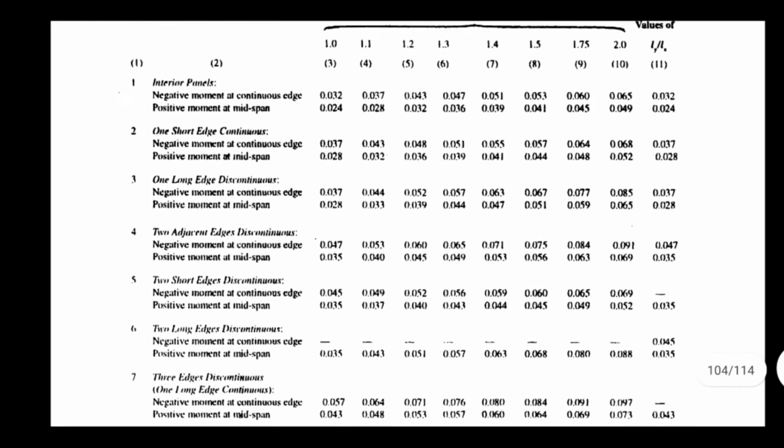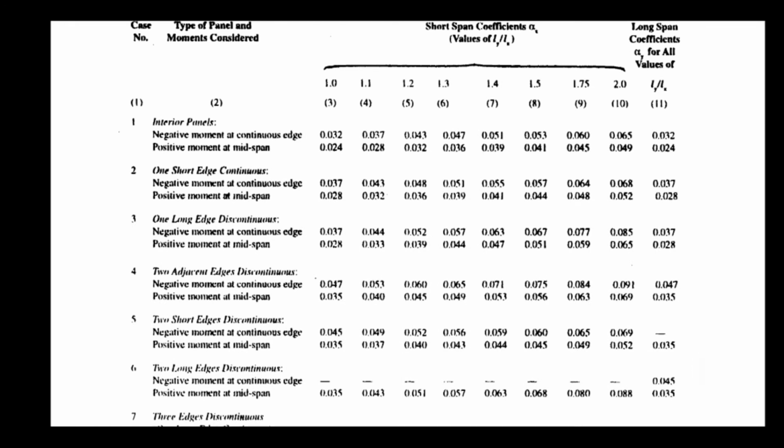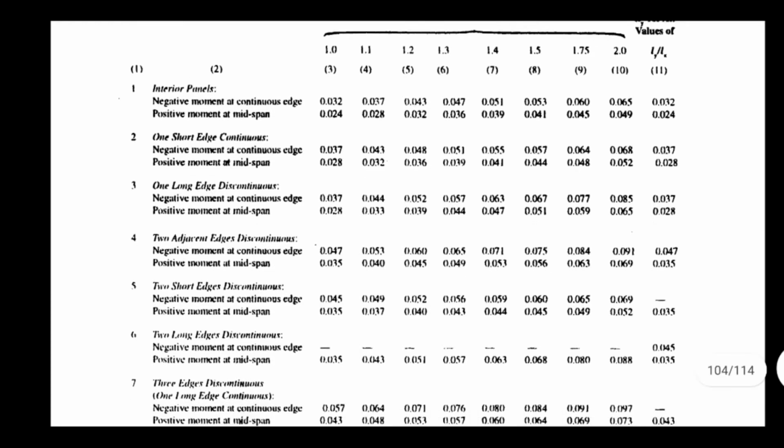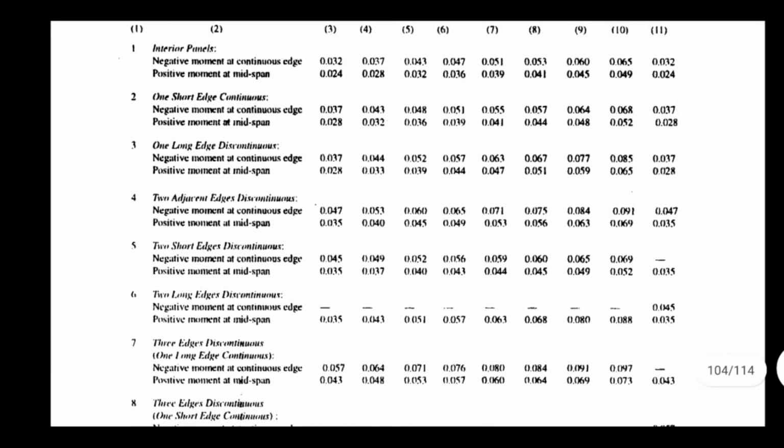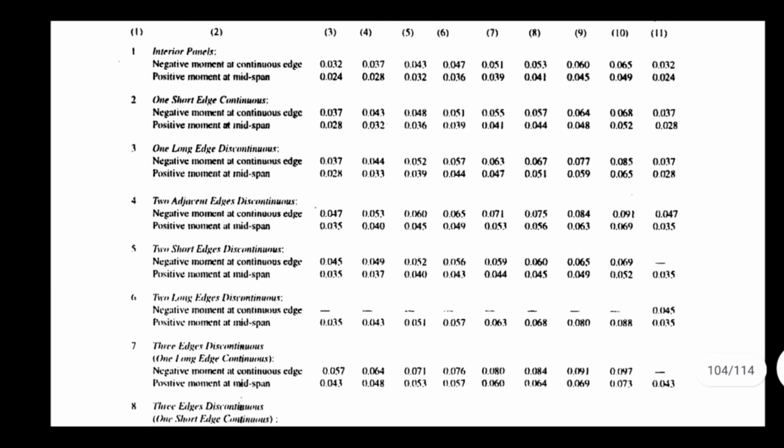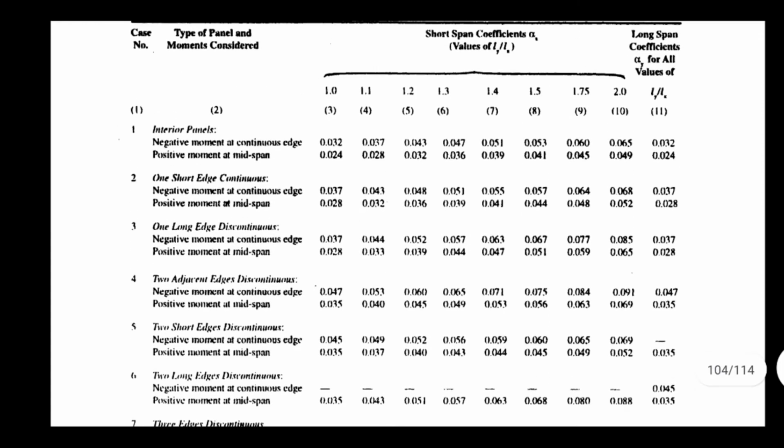So there are many support conditions like interior panels, one short edge continuous, one long edge discontinuous, two adjacent edges discontinuous, two short edges discontinuous, two long edges discontinuous, three edges discontinuous, four edges discontinuous, etc. If any condition among these is directly or indirectly given in question, we will go through these values depending upon Ly by Lx value.